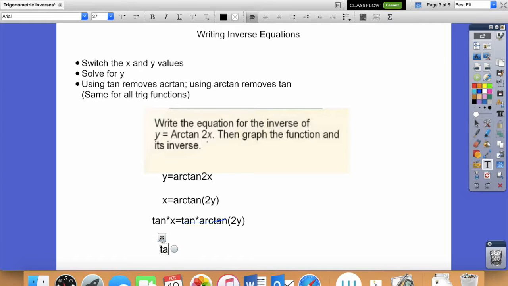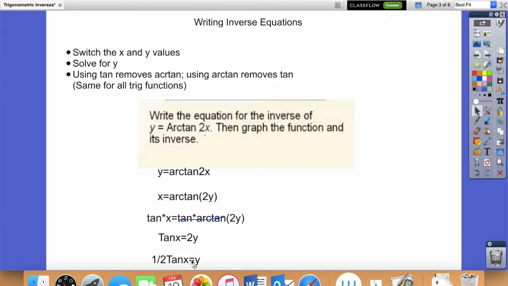So now that gives me tan x equals 2y. Oops, I have not been following the rules for capitals, I'm sorry. Capital Tan x equals 2y. And now our last step to get y by itself is to divide both sides by 2. That gives us 1/2 Tan x equals y, and that would be your answer.